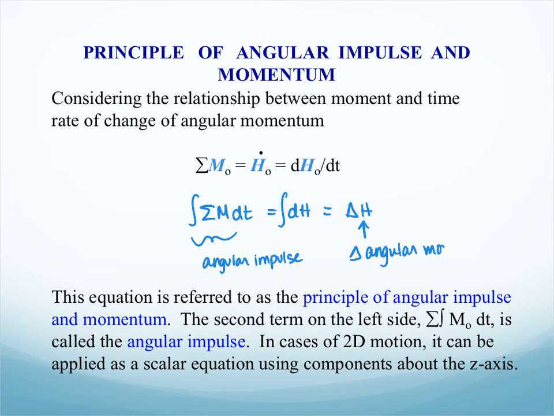Again, a very similar expression to what we looked at at the beginning of the chapter, but for angular quantities. So this is a way we could think of how to change the angular momentum of an object: I have to exert a moment on it for some amount of time. See how it's very similar?